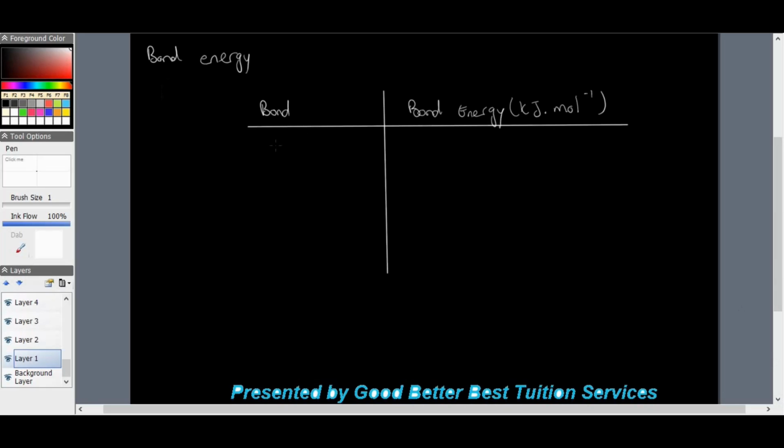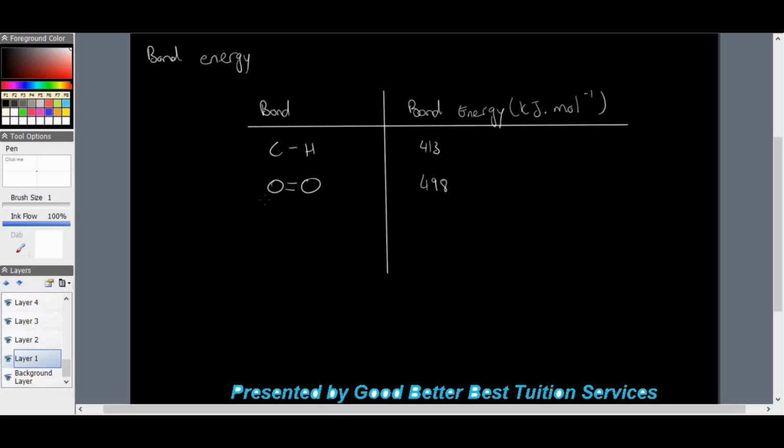If you look at the carbon-hydrogen bond, a single bond from carbon to hydrogen, that has a bond energy of about 413 kilojoules per mole. I'm not going to write kilojoules per mole in the table, because that's what bond energy is measured in, of course. If we have a double bond oxygen bond, that's O2 basically, that has a quite high bond energy of about 498, so almost 500 kilojoules per mole.